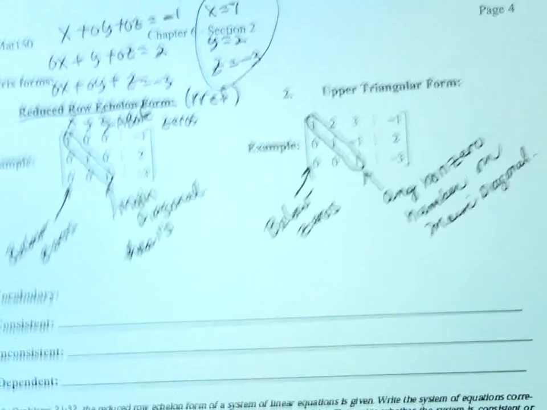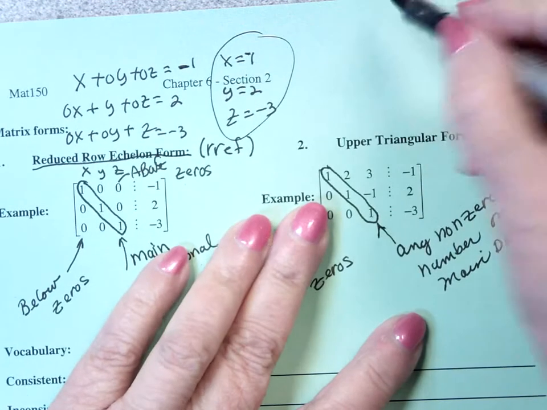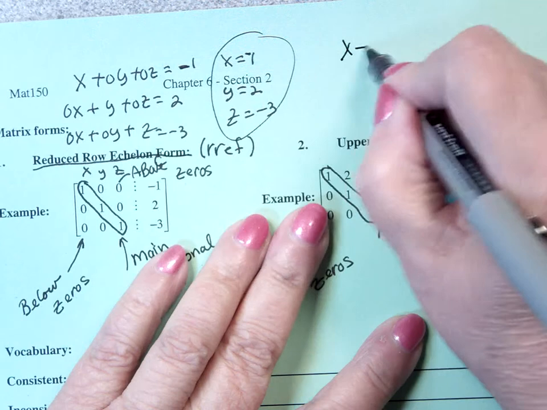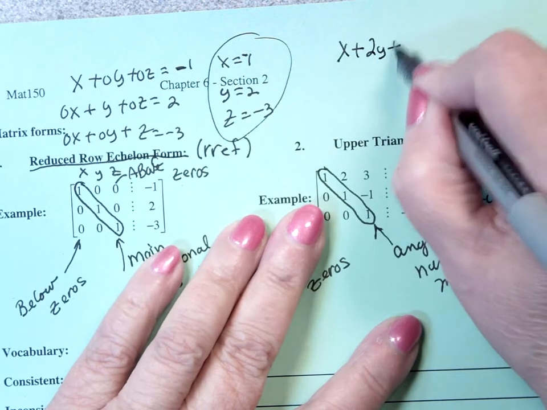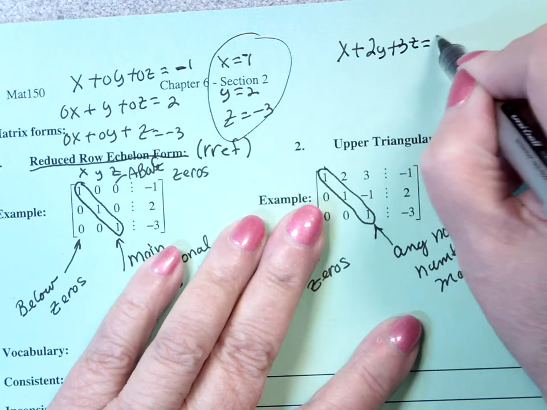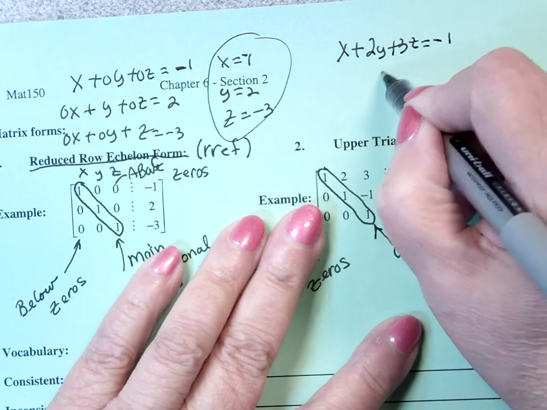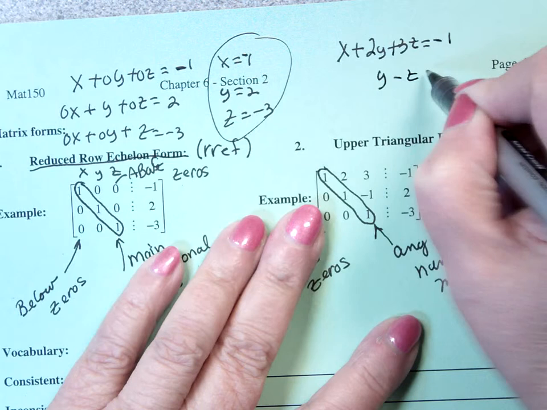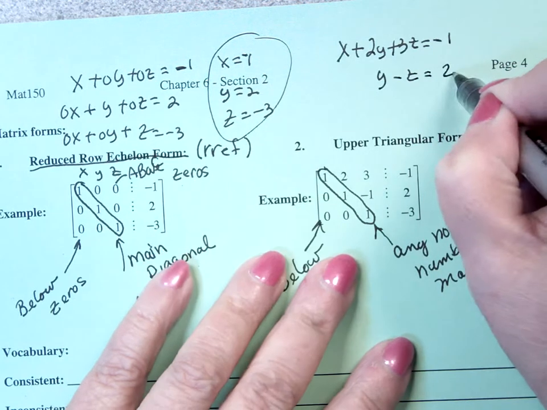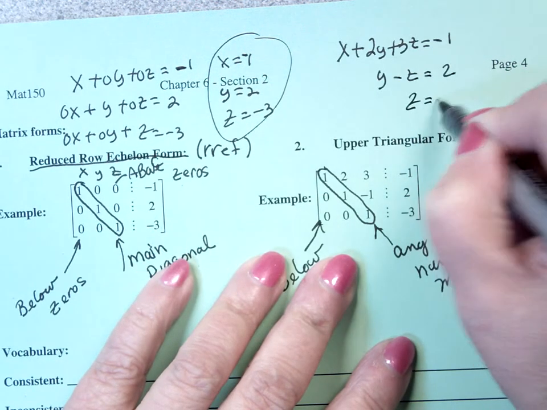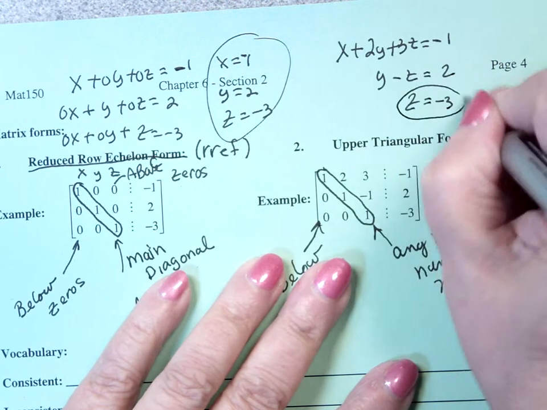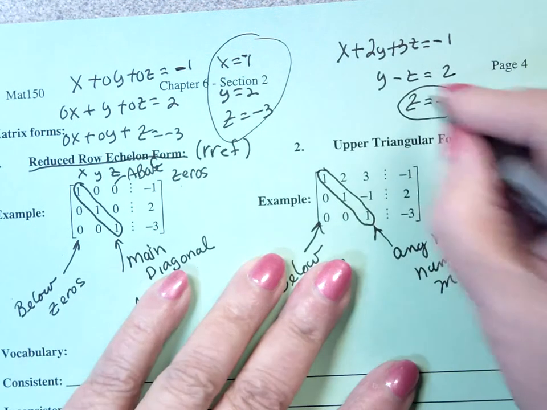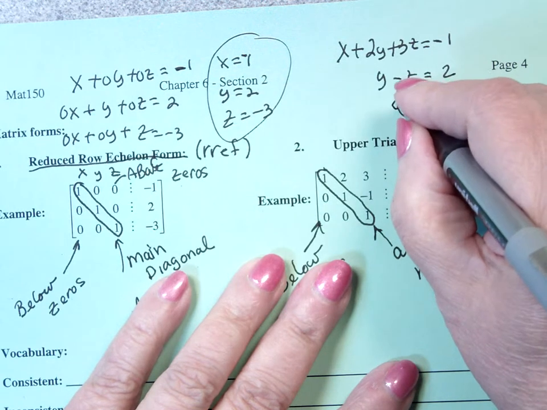Now, what does that give me? Well, that gives me that x plus 2y plus 3z equals -1, y minus z equals 2, and z equals -3. What this does is it enables me to find z. Once I find z, I can work back up.